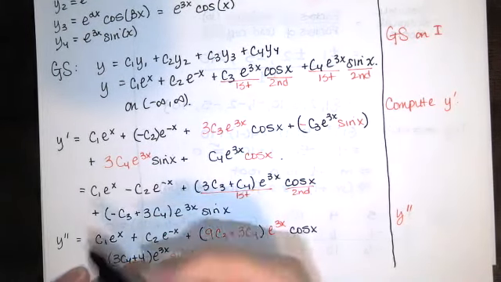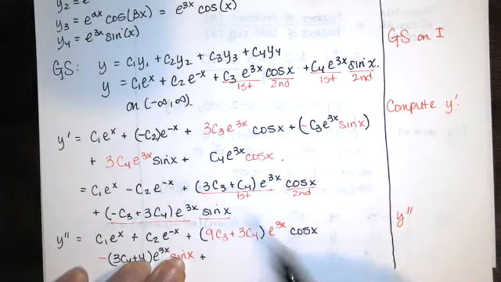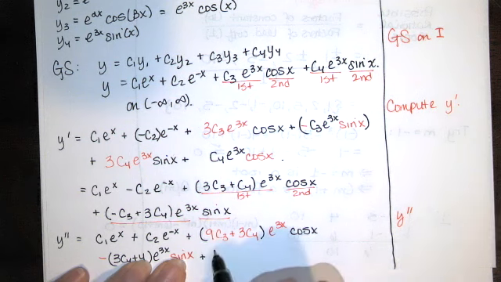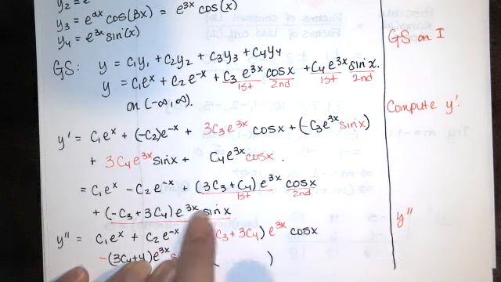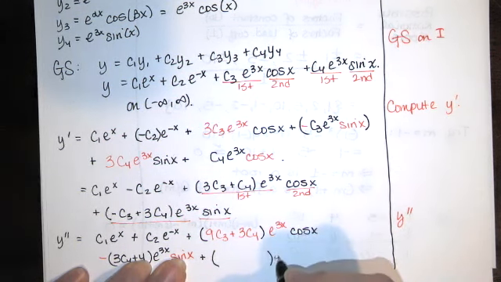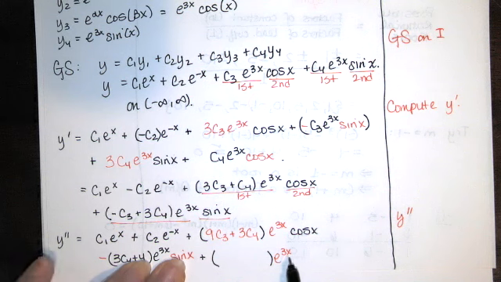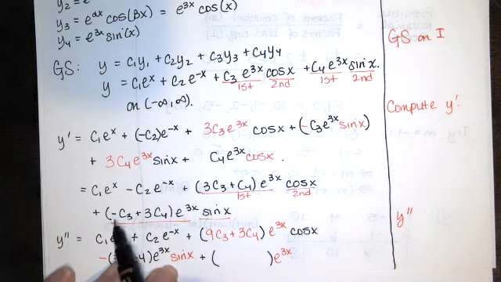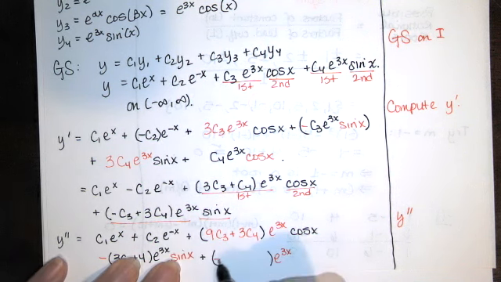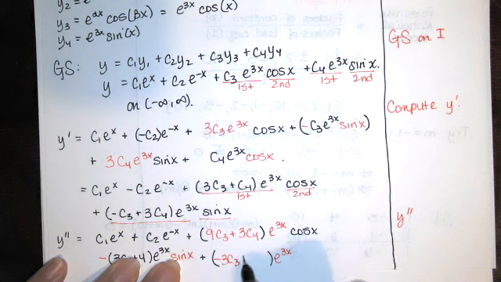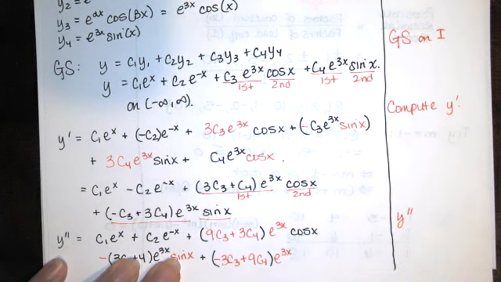Similarly, this is my first function and this is my second function. I want the derivative of the first. The derivative of a constant times e to the 3x is that constant times e to the 3x times the derivative of the inside, which is a 3. So 3 times this constant is going to give me negative 3c3 plus 9c4.